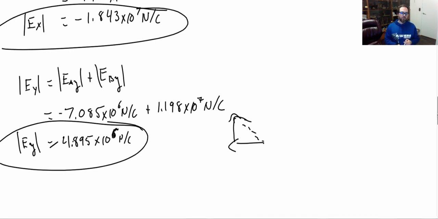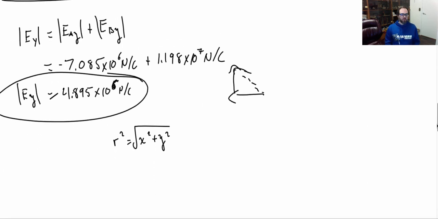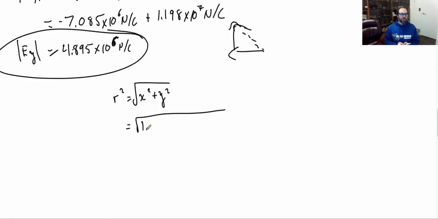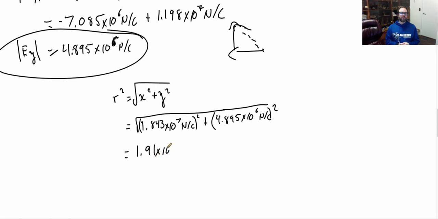We're going to use the Pythagorean theorem, x squared plus y squared is equal to r squared, to find my resultant. So it's going to give me 1.843 times 10 to the 7 newtons per coulomb squared plus 4.895 times 10 to the 6 newtons per coulomb squared, and we're going to square root that all to end up getting 1.91 times 10 to the 7 newtons per coulomb.